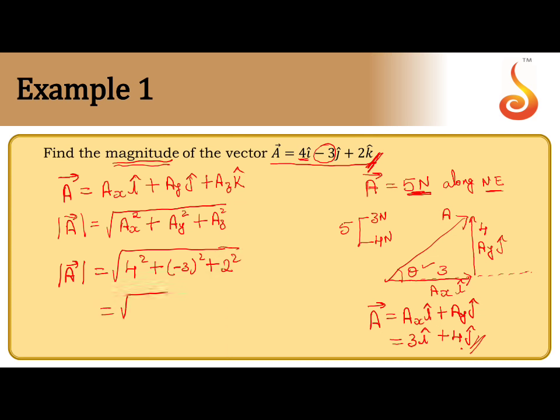This will be square root of 16 plus 9 plus 4. So the magnitude of the vector A is equal to square root of 29, since 16 plus 9 is 25, and 25 plus 4 is 29. Square root of 29 units.